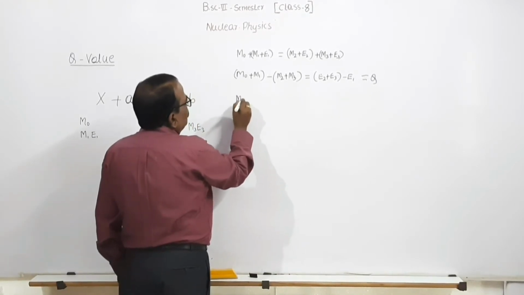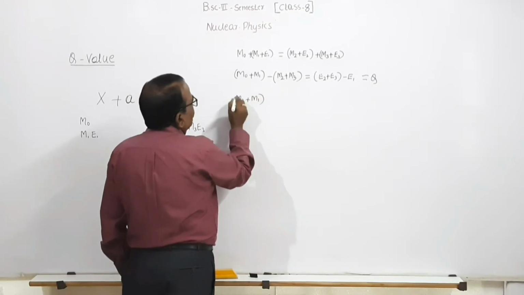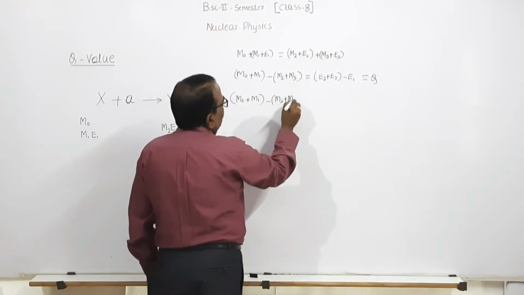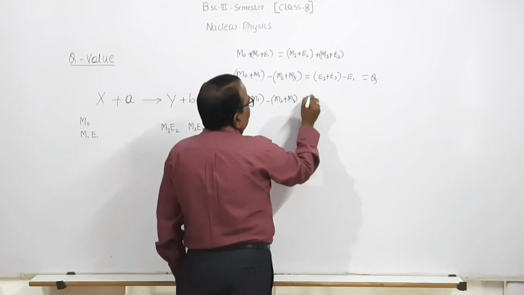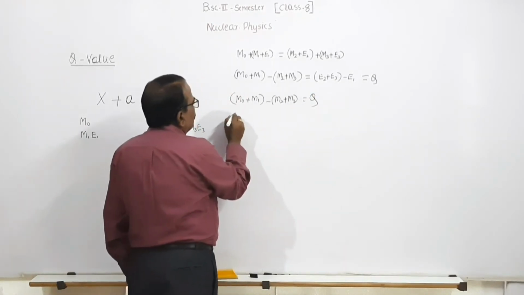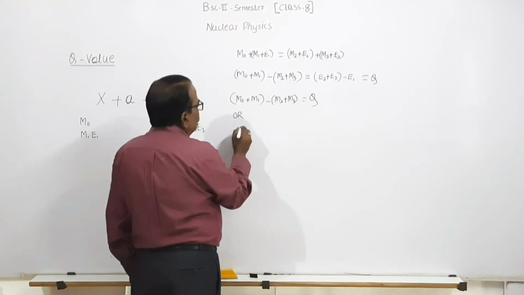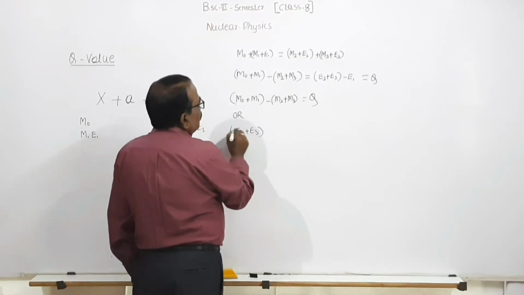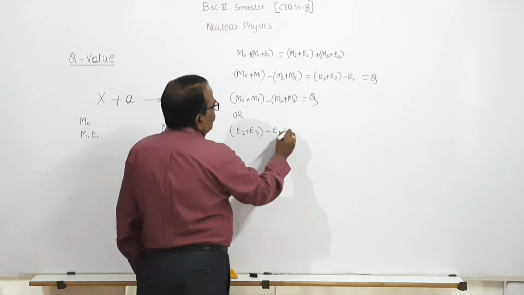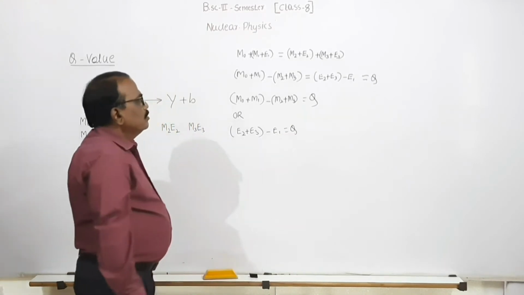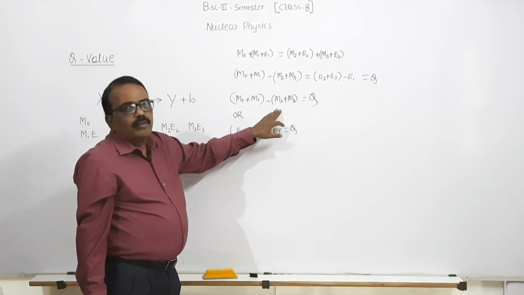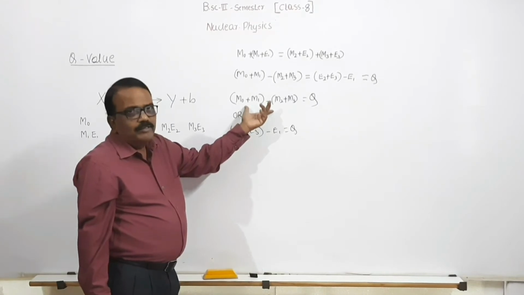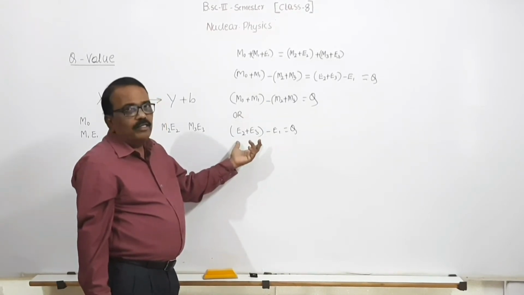That means m0 plus m1 minus m2 plus m3 is equal to Q, or in terms of energy, E2 plus E3 minus E1 is equal to Q. So the Q value, or energy equivalence, may be expressed in the form of mass or in the form of energy.